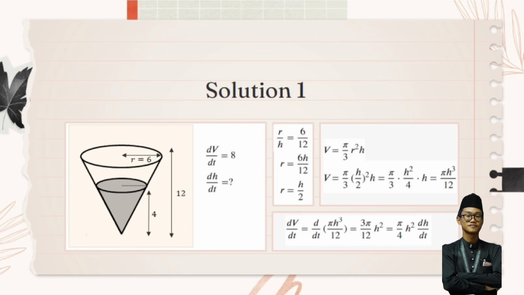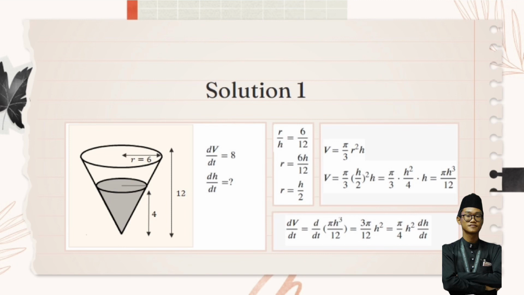After we get r equal to h over 2, we put it into the formula for the volume of a cone, that is V equal to pi over 3 times r squared times h. And we will get V equal to pi h cubed over 12.